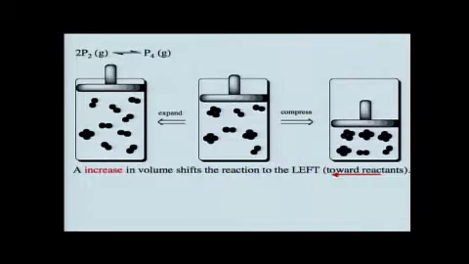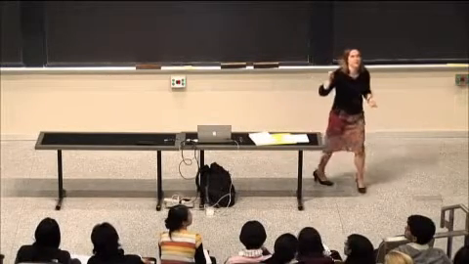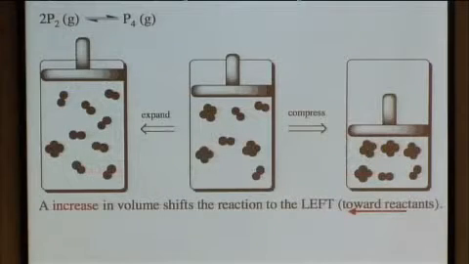So then we ask the question, if you increase the volume, what happens to the reaction? How does it shift? If you expand the volume, then you're going to shift from, in this case, 1 mole to 2 moles, toward reactants.